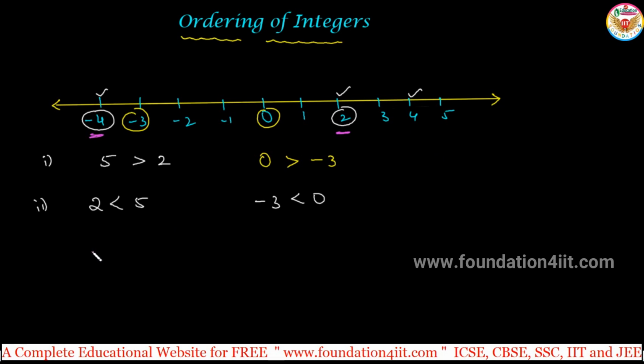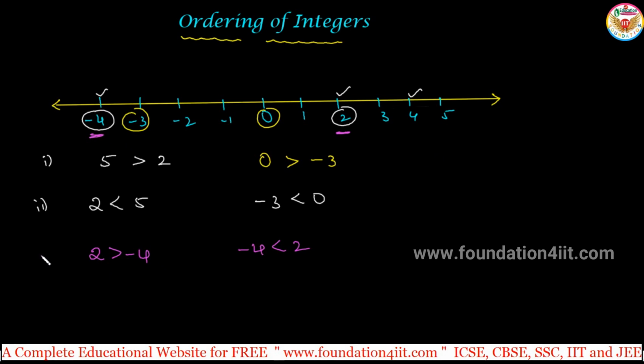So 2 is greater than -4, the left side number. In the same way, -4 is less than 2. This is the pattern you have to follow.